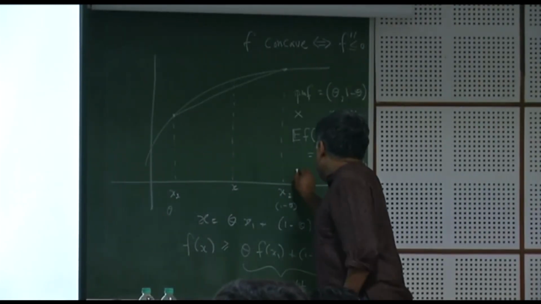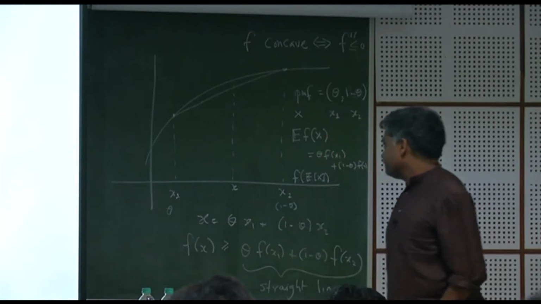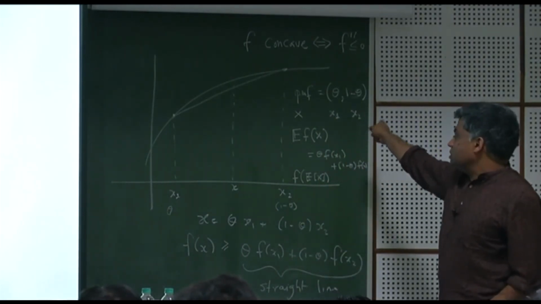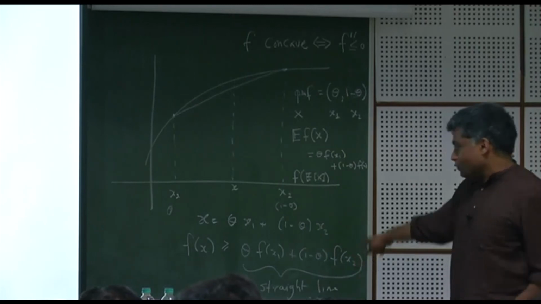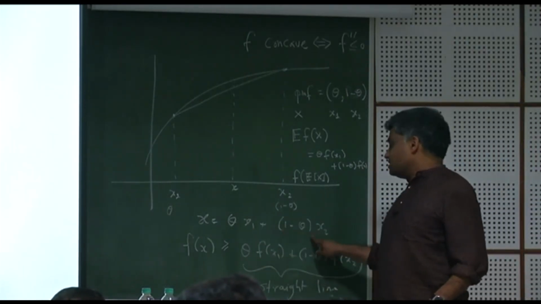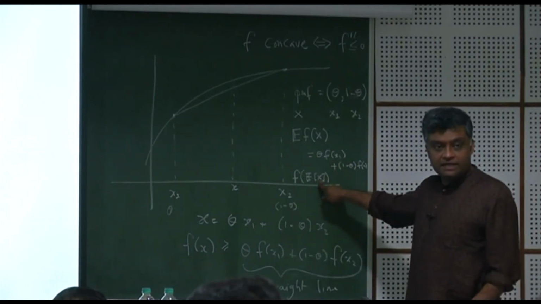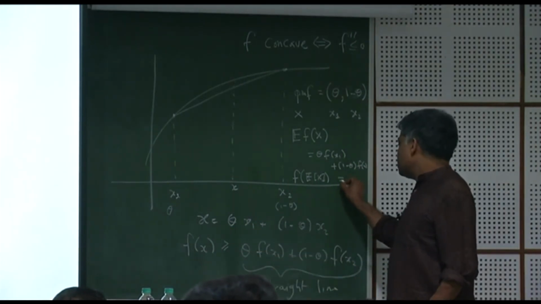What is the function of the expected value of x? What is the expected value of x according to that distribution? It's theta times x1 plus 1 minus theta times x2. Right? That's the expected value of this random variable x, which is exactly equal to little x without the subscript. So this quantity is just f of x.